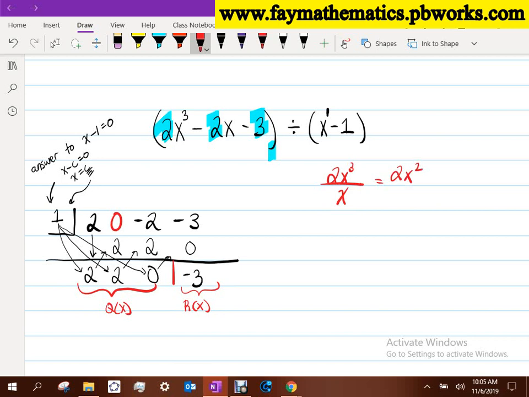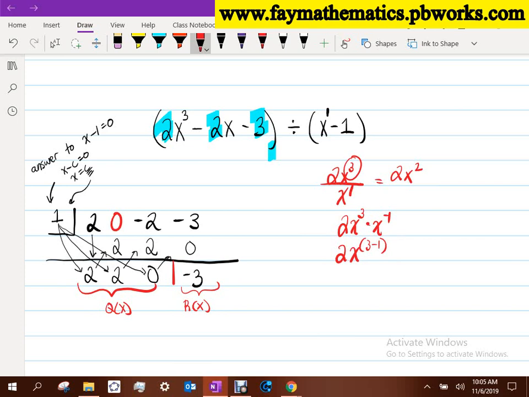So when you divide a cubic by a linear, I get 2x to the third times x to the negative 1, and that's really 2x to the third minus 1, right? So when I divide by the same base, I subtract the exponents, correct?